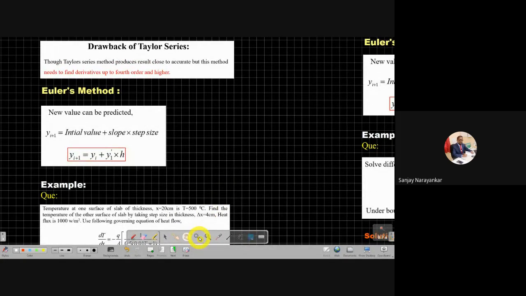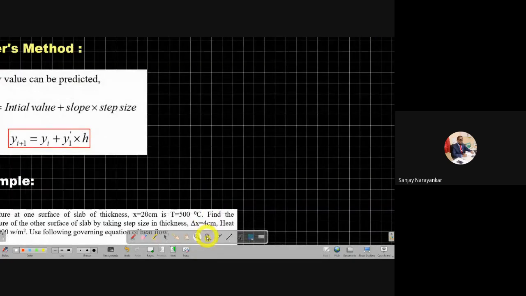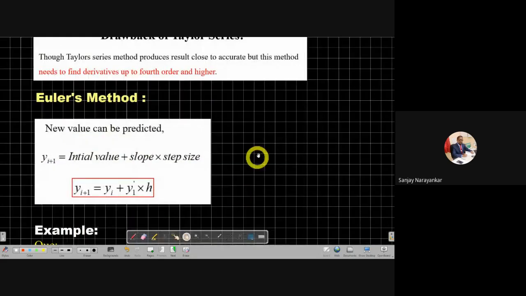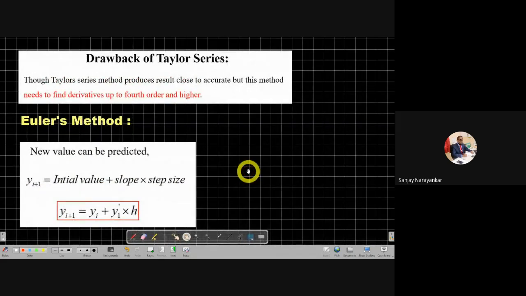See, we know the drawback of Taylor series. What's the drawback? If I'm considering the higher order terms, you will get the most accurate answers using a Taylor series. The only difficulty is that we have to find the higher order derivatives.